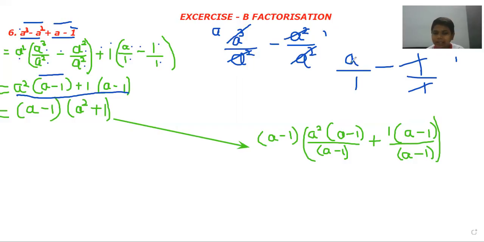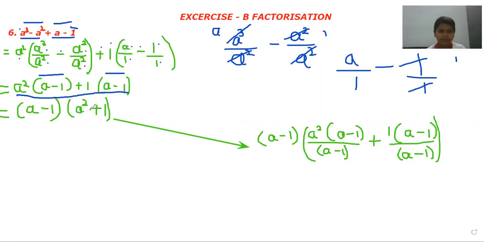It says a divided by 1, so what we have to take is a. We have to take a because, imagine there was an a over here, then we could cancel. So that's why we have to keep a over here. So we kept a minus 1.